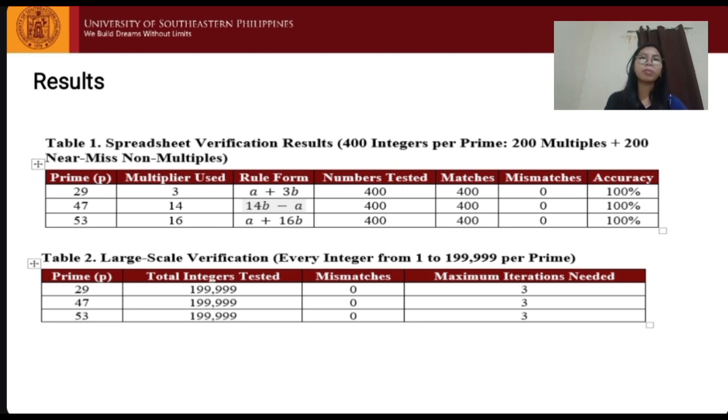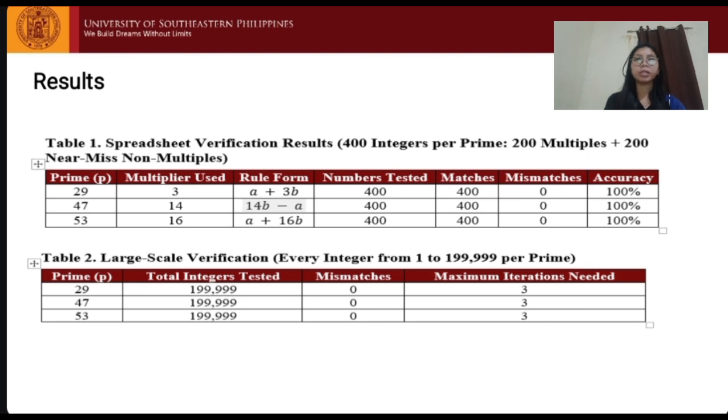So for tables 2 and 3, the second table presents the large-scale verification. Instead of only 400 numbers, we tested every integer from 1 to 199,999 for each prime.